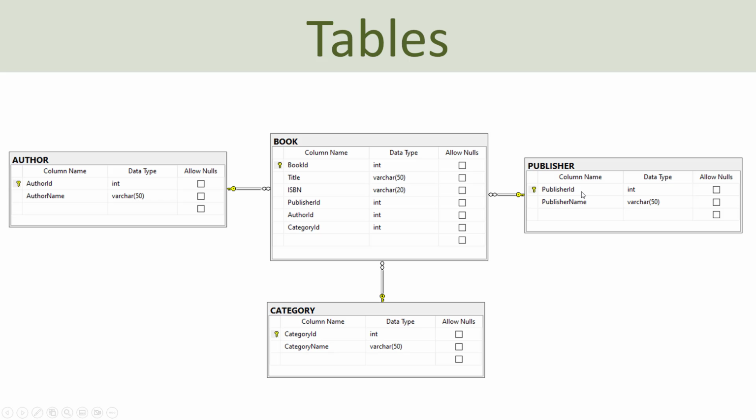Here we have publisher ID, which is the primary key, and then we have the publisher name. Similarly for the author table, we have the author ID and the author name. And then we have the category table with the category ID and the category name. So basically those are the tables that we need in order to create this CRUD application. So let's go to Visual Studio and create the database and these tables.